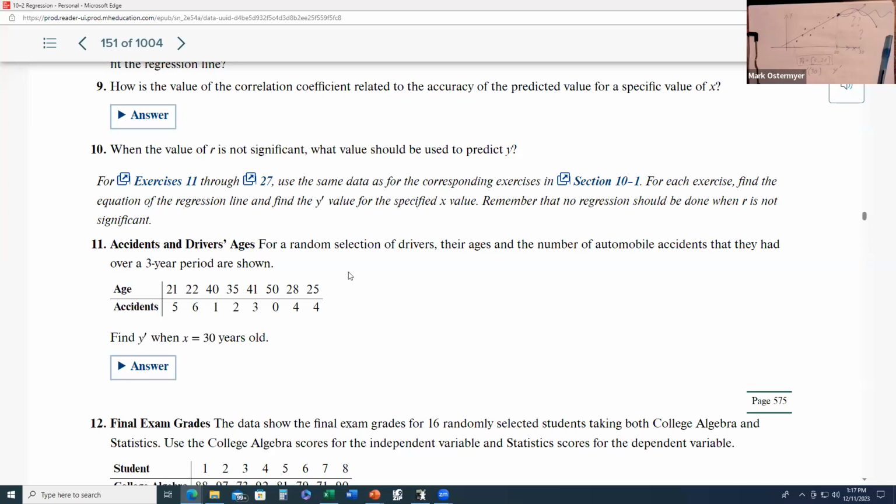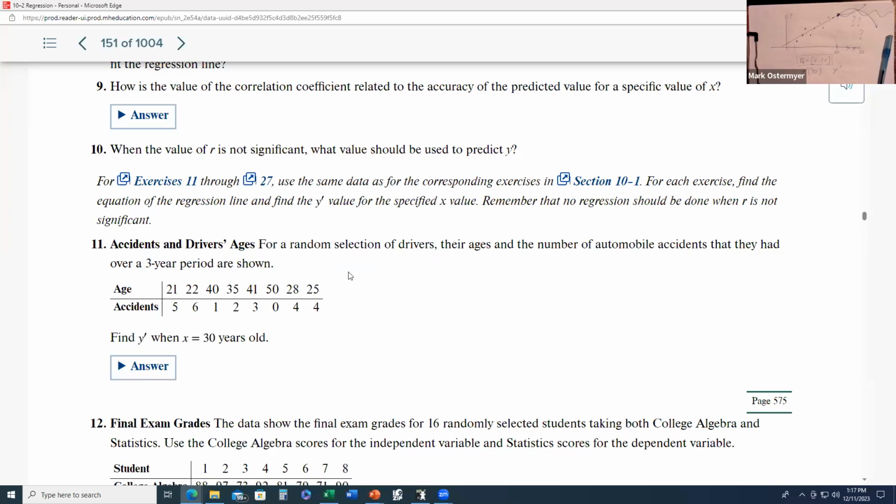Does anybody have that in your notes? I believe R was very close to -1, which indicates a fairly strong inverse linear relationship between age and number of accidents. All right, so what are we going to do with this problem here?